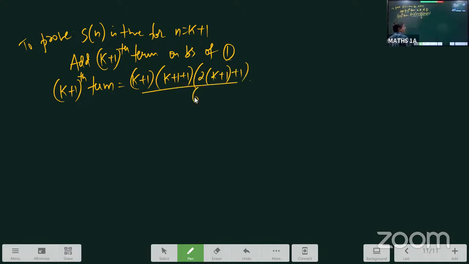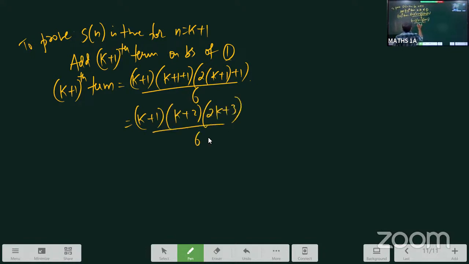If you want, you can observe it. What was your nth term? N into n plus 1 into 2n plus 1 by 6. Instead of n, you put k plus 1. I did that only. That is nothing but k plus 1 into k plus 2 into 2k plus 3 by 6. You are going to add this on both sides of equation 1.